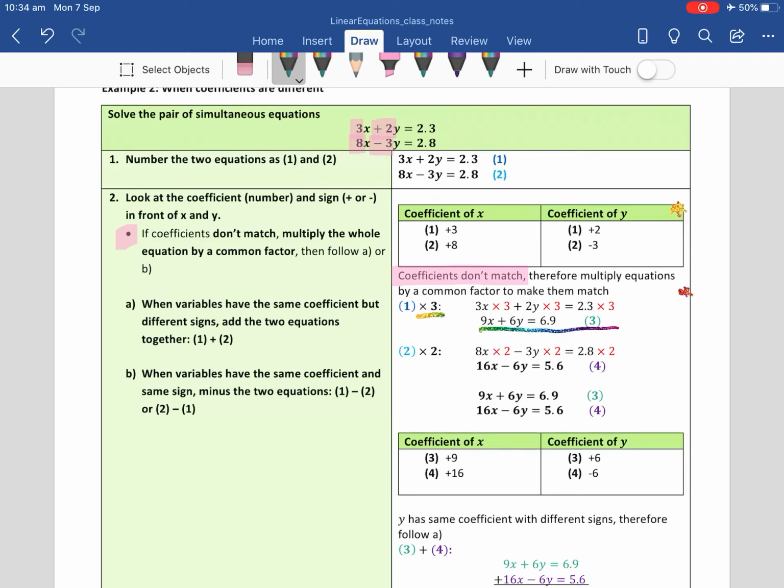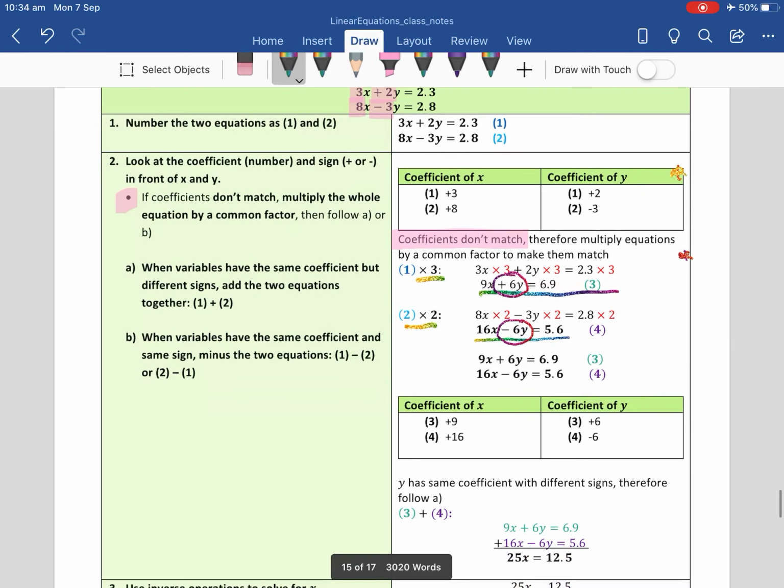Then equation 2, if we multiply every term by 2, you'll get this one. The reason we've done that is now we have the same coefficient for y. They both have a 6, and that's great because now we can do the elimination method. However, we've got different signs, which means we need to add them together.